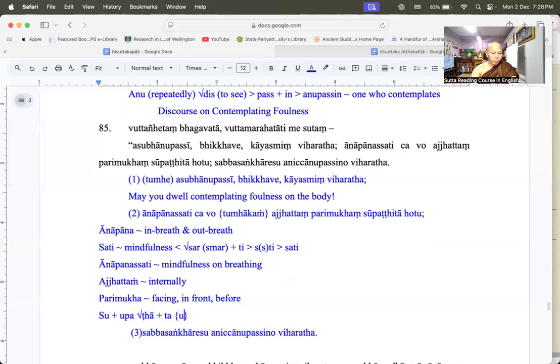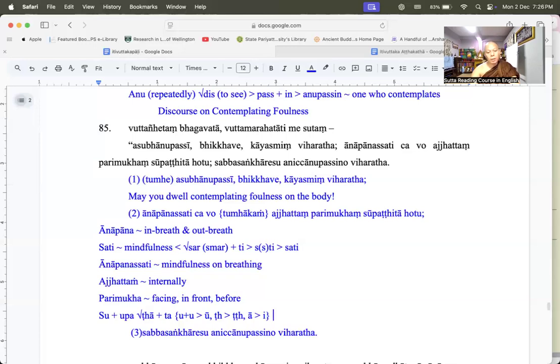Here, so u and u change to u. And then in this ṭhā becomes ṭhita, and then ā is changed to i.